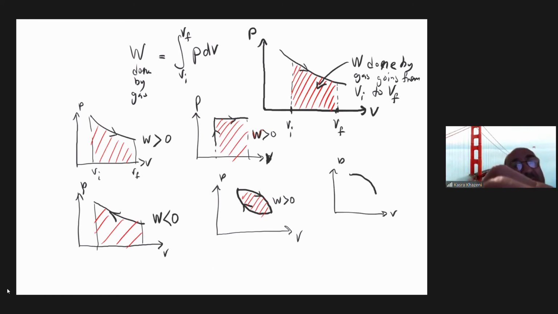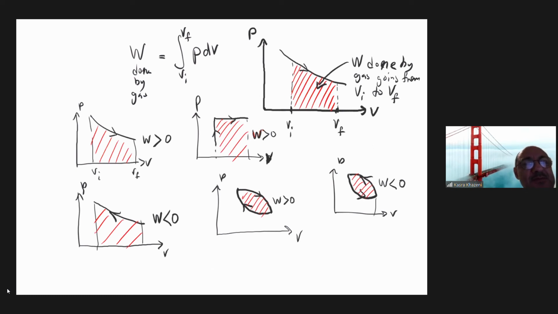You could have a thing like this. What is that amount of work? Positive or negative? This is negative. It looks like the other one, but I'm going the opposite direction. Remember?